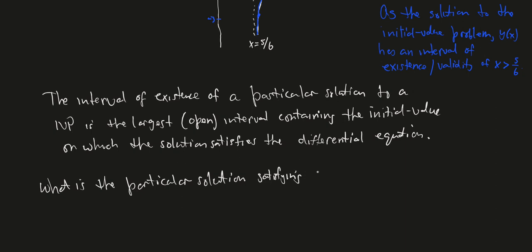Let's pick y of negative 2 is equal to 10, and then we're going to state its interval of existence. Right, so we're going to find it.